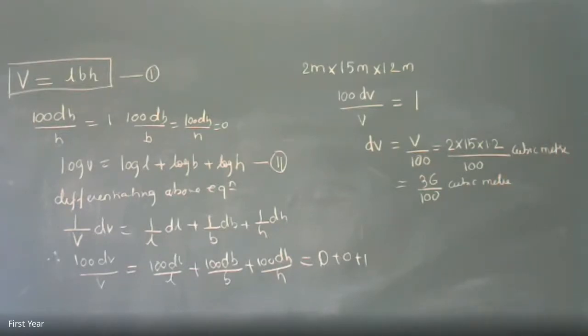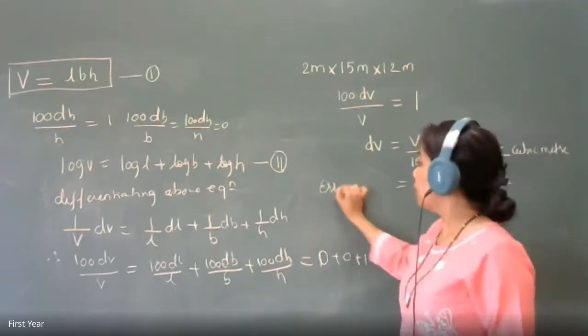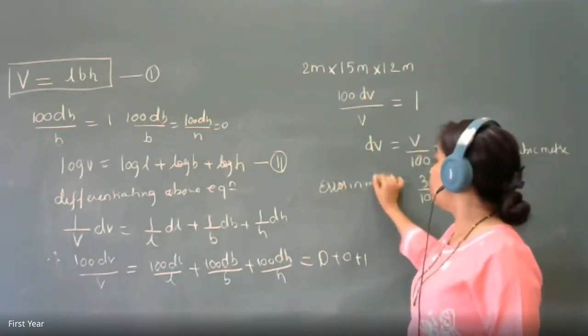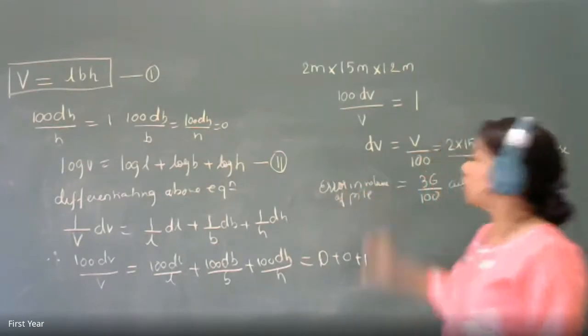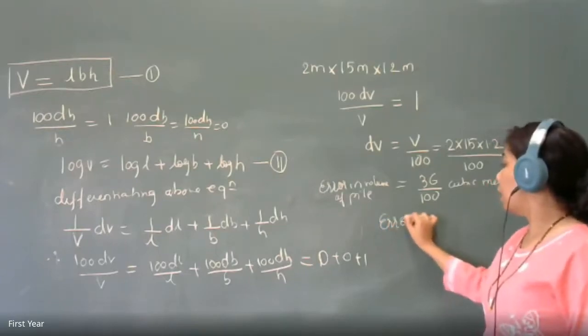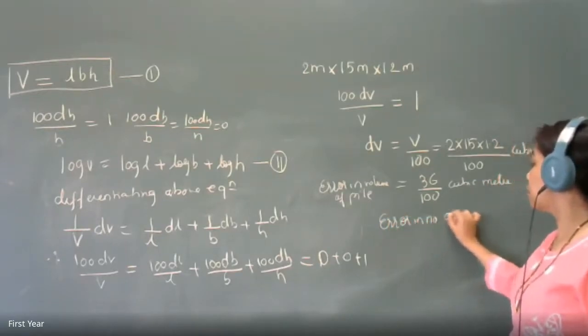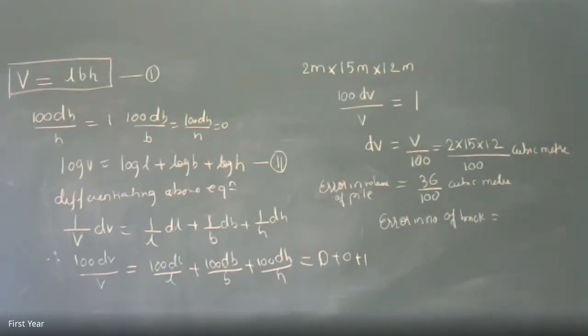What is asked to you? That means this is the error in volume of the pile. So in the pile, how many bricks are there? Error in number of bricks. What will be that? Is it said that in the entire pile there is only one brick? No, no. It is written in the question.